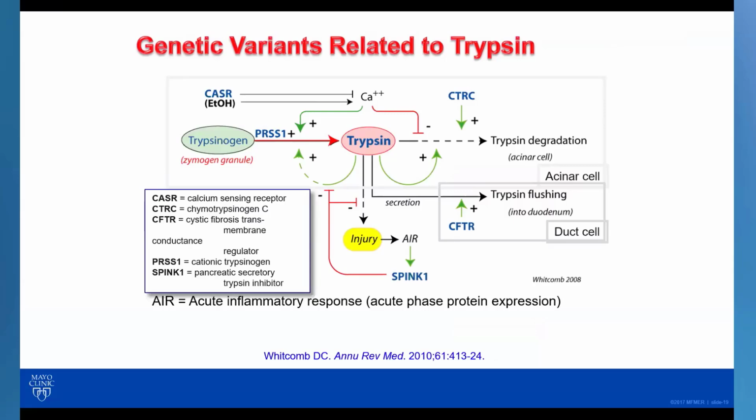If you take an example of PRSS1, PRSS1 is a gain of function type of gene. So mutation in this would result in much more trypsin production than what we need, and therefore it would result in overwhelming the system and autodigestion of the gland. While if you take CASR or CTRC, these are genes that, if mutated, would result in failure to degrade trypsin. So there is stagnation of trypsin within the gland, for which you would end up with autodigestion.